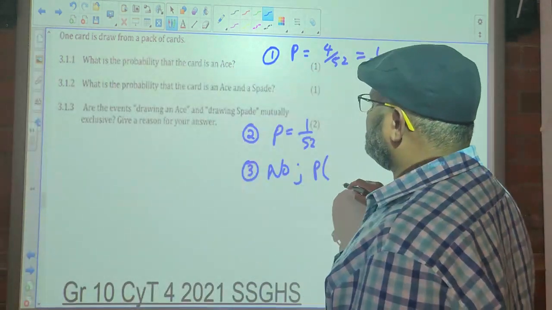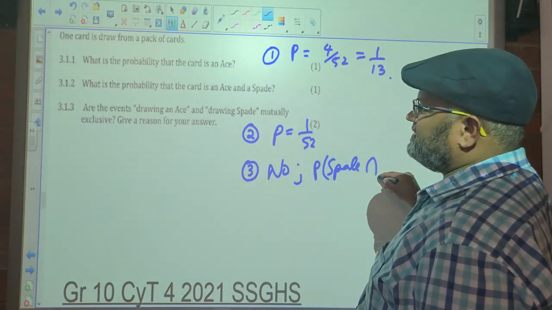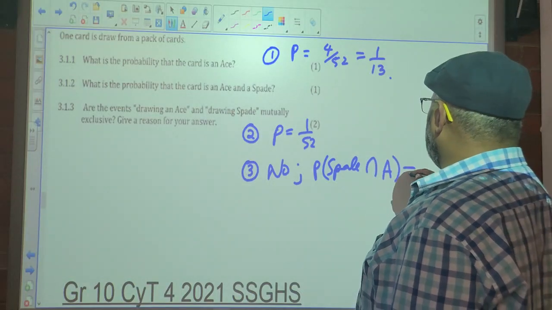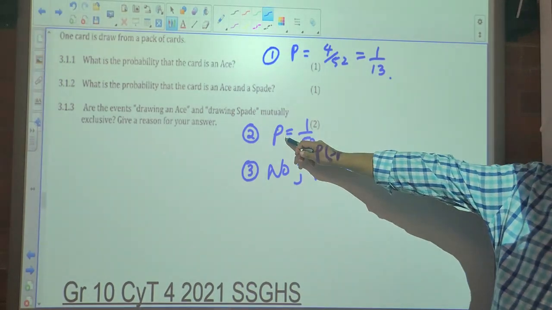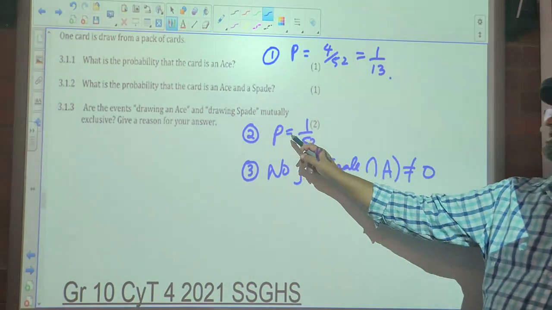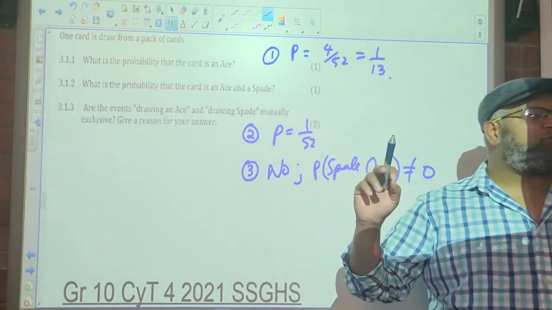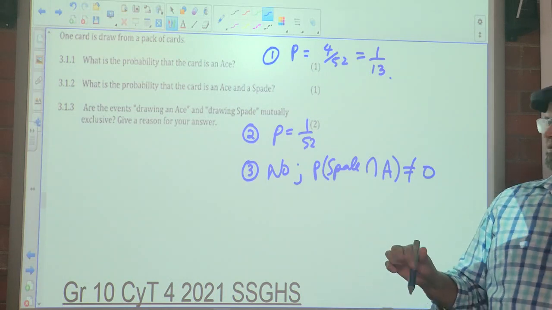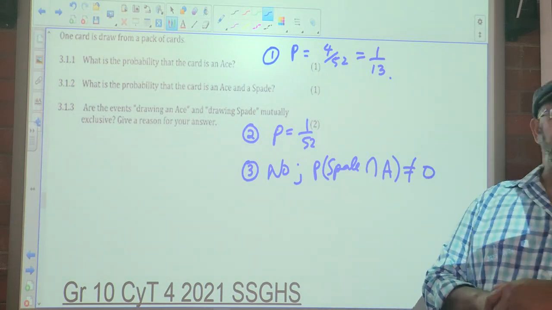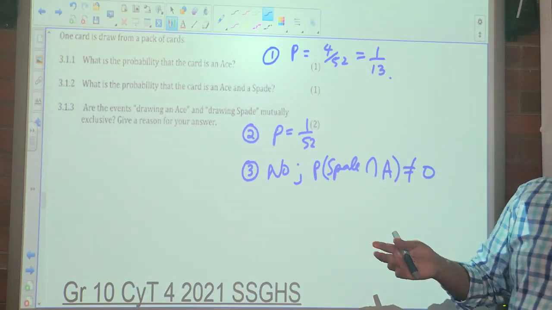Because the probability of spade intersection ace is not equal to 0. Can you see here? This was the probability of spade intersection ace. The only time that it will be mutually exclusive is when the intersection is nothing. Okay, there's no intersection.